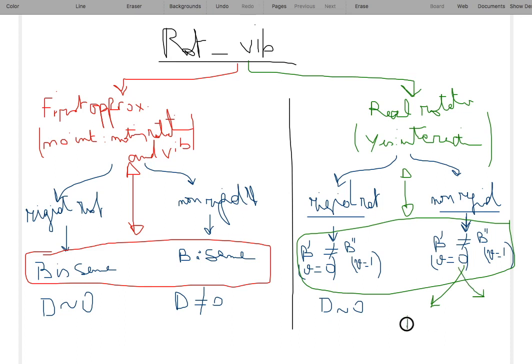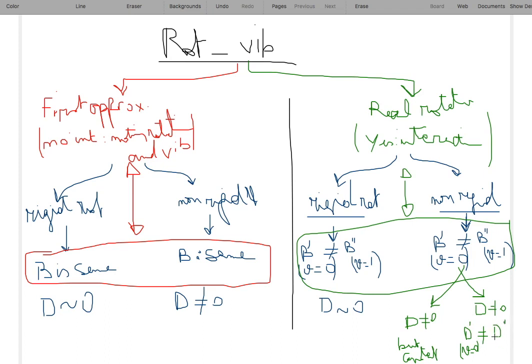So we consider where D is different than 0, but constant, which means that for the R branch and the P branch, we consider the same D. While here, D is also different than 0 because it's a non-rigid rotator, but we have D prime for the level V equals 0, which is different from D second, that corresponds to V equal 1.